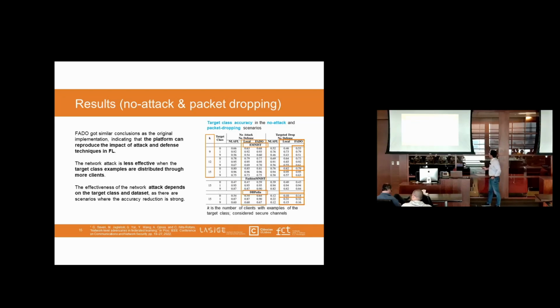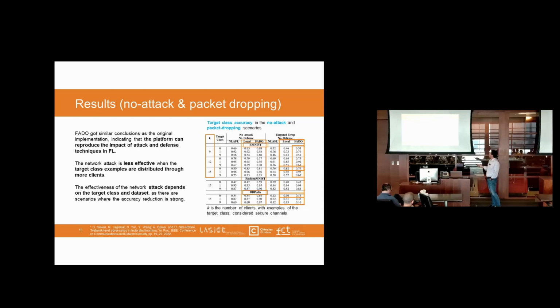Okay, so if you could read these numbers, you will notice that the results that we are observing in FADO are very near to the results that you were observing in the original paper, okay? And then you can start to look at other aspects of the experiment. For instance, depending on the target class that you are attacking, you get different results.